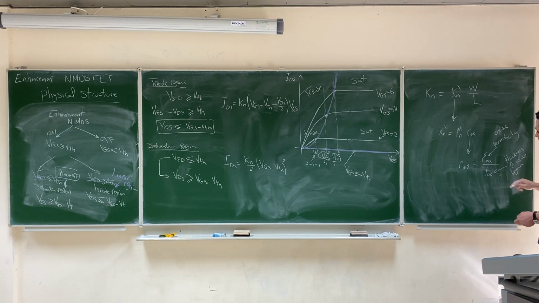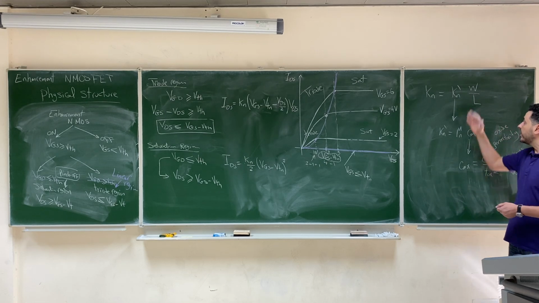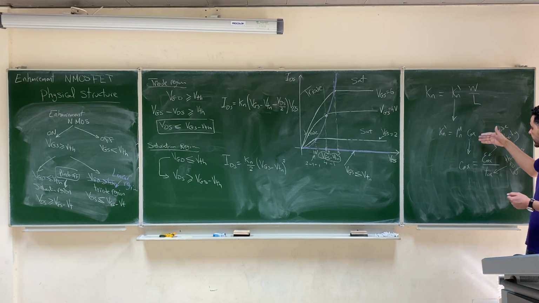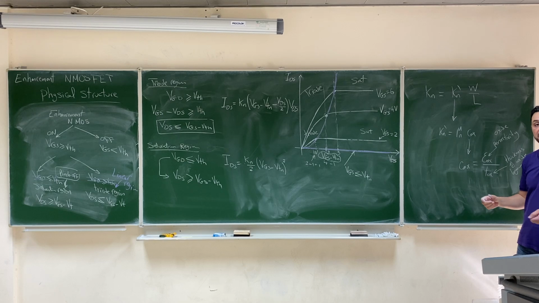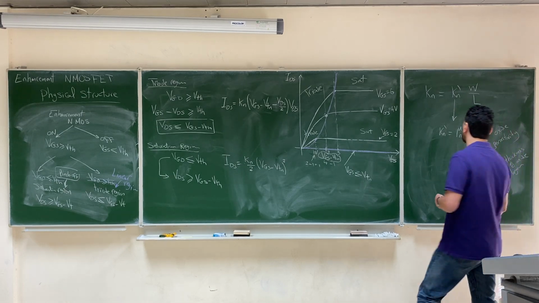So as I told you, it depends on parameters from the physics. So we can control this Kn by controlling the width, the length of the channel, the permittivity of the oxide layer, and the thickness of the oxide layer. We can control this constant Kn.